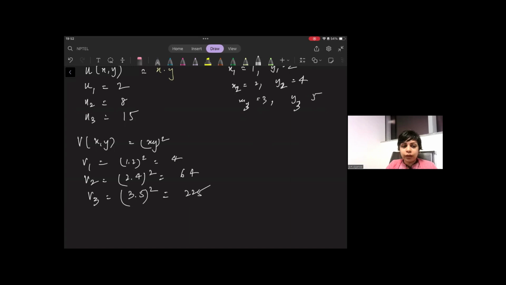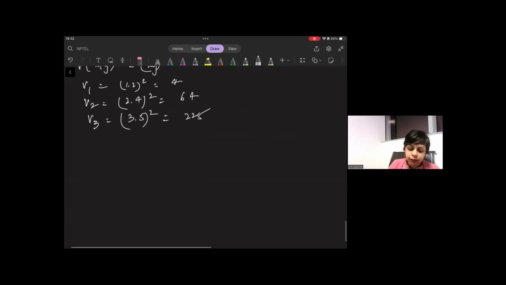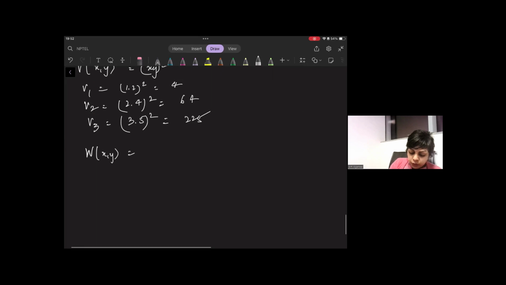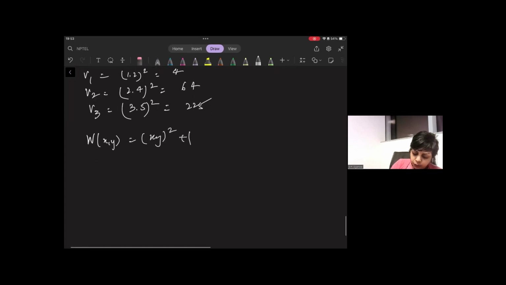So that is what we're trying to say. Suppose now I define another utility function W of (x, y), which is (xy) whole square plus 1.